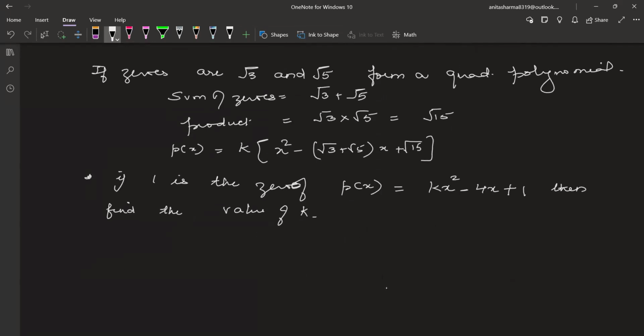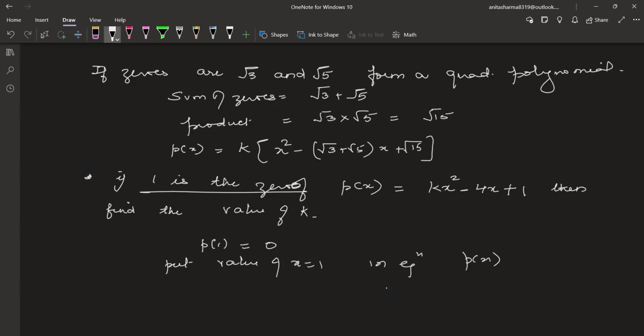But this is an MCQ only, beta. So no need to mention the values. As 1 is the zero, it means it will satisfy. So p(1) will be equal to 0, because this is the zero. So put value of x is equal to 1 in given p(x).